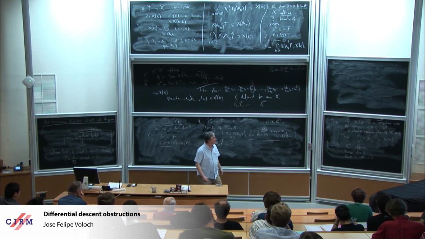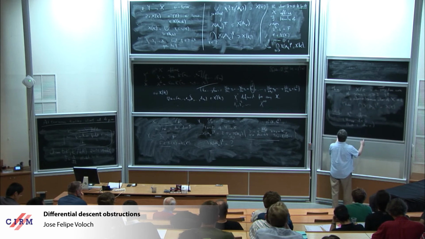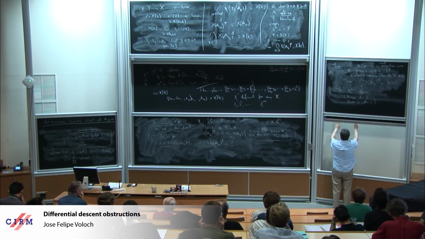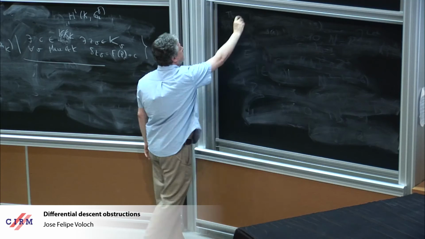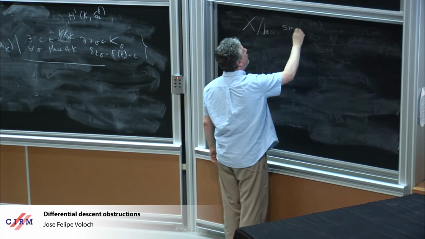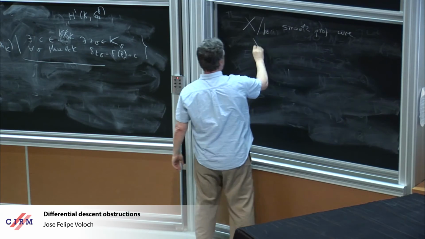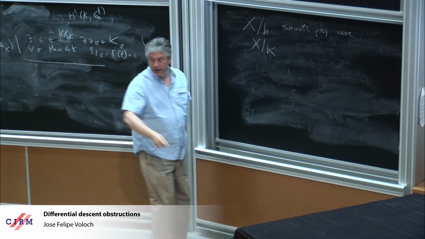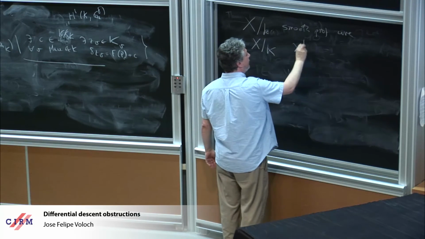So what happens when X is constant? So X is defined over k, a smooth projective curve. And you look at X over K, extending scalars, then X1 is not affine.